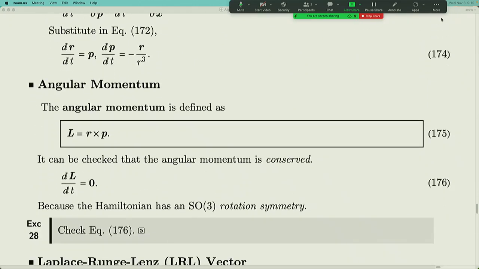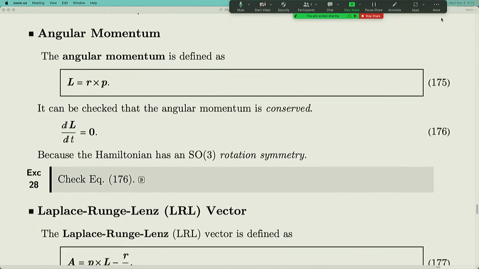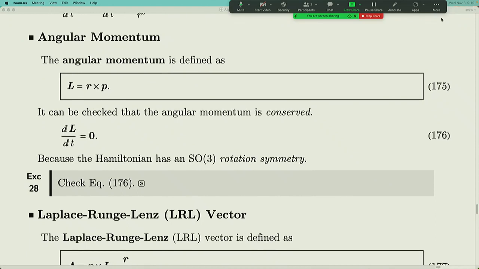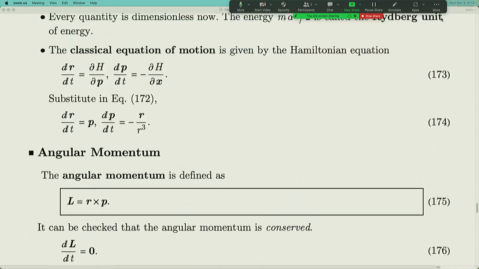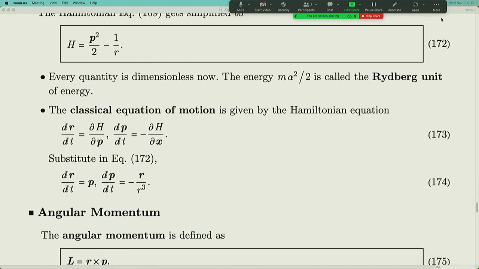And then by solving this differential equation, you can see that the electron will orbit the proton in classical mechanics in an elliptic orbit. So that's the conclusion. And in this problem, there's a nice thing: this Hamiltonian is rotation symmetric.